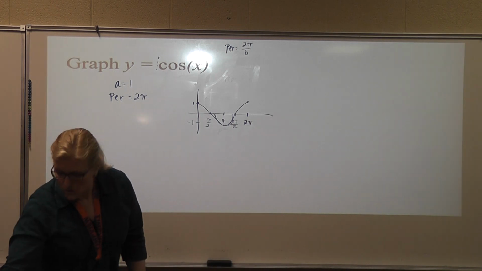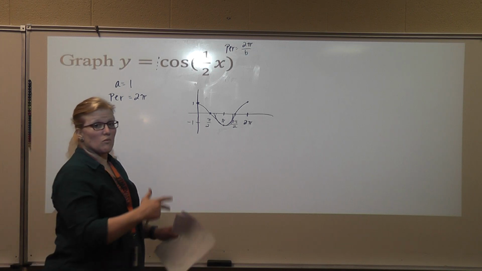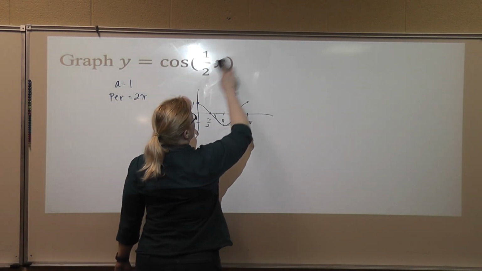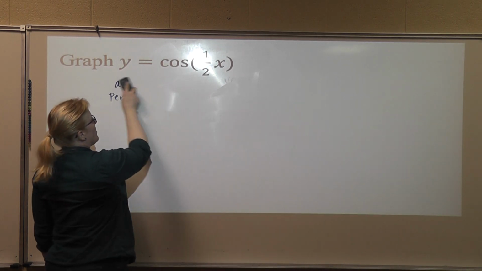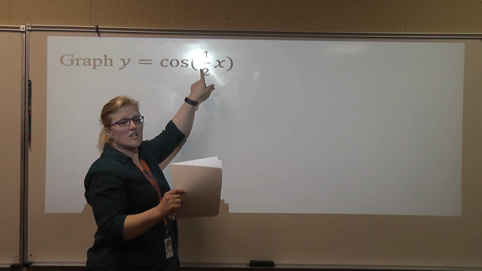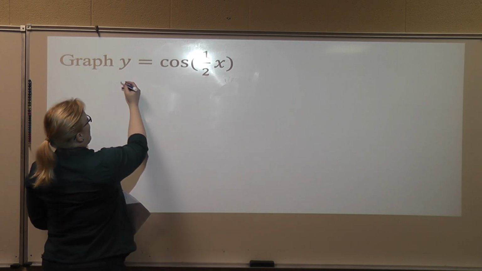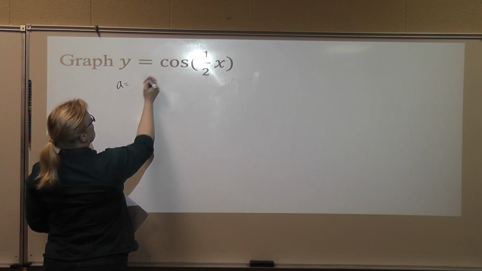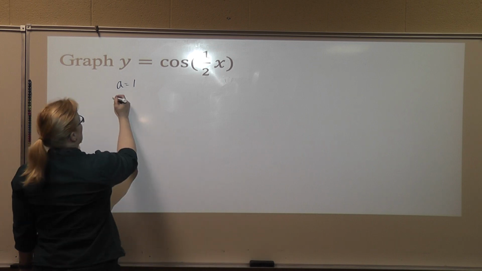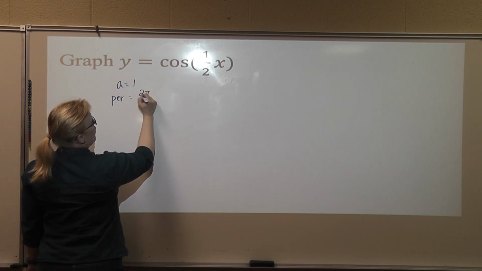Okay, so let's look at it now, again, when it is changed a little bit. And this time, we're going to look at one with a horizontal stretch. Okay? All right, my amplitude, 1. My period this time, remember, period is 2 pi over b.